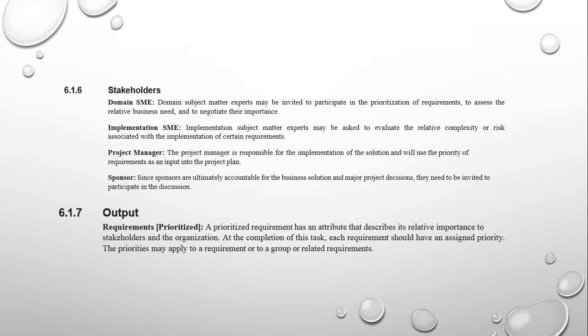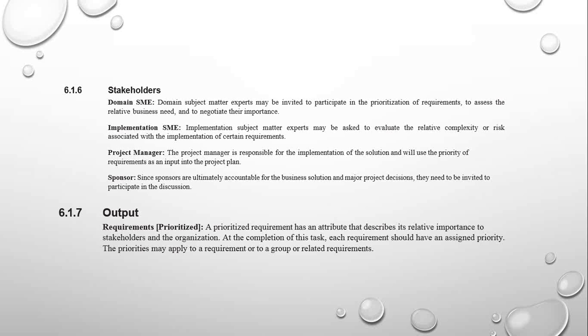Moving on, then we have output. What output we are getting as part of applying all these tools. The output is, we got the final prioritized requirement. Now, a prioritized requirement has an attribute that describes its relative importance to stakeholders and the organization.